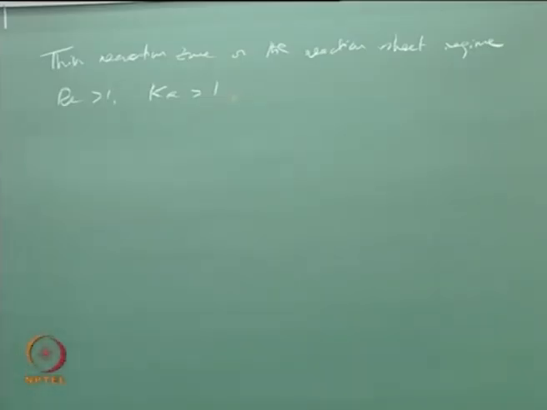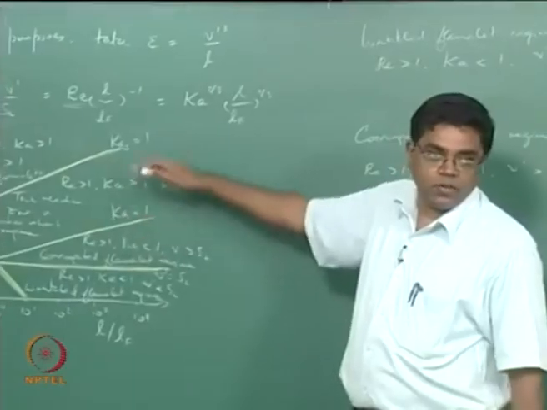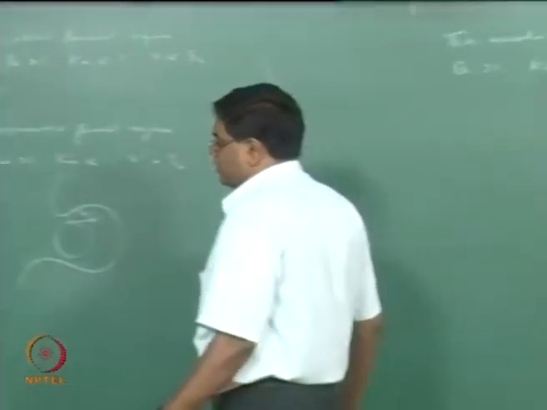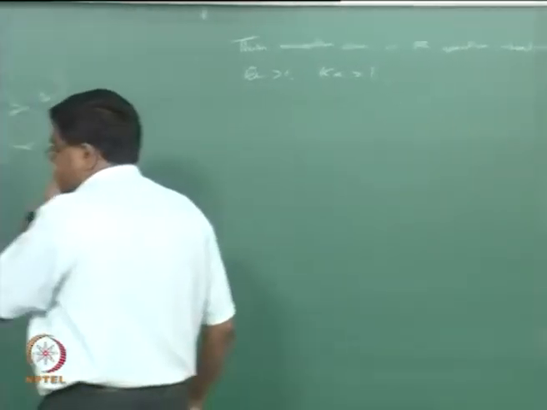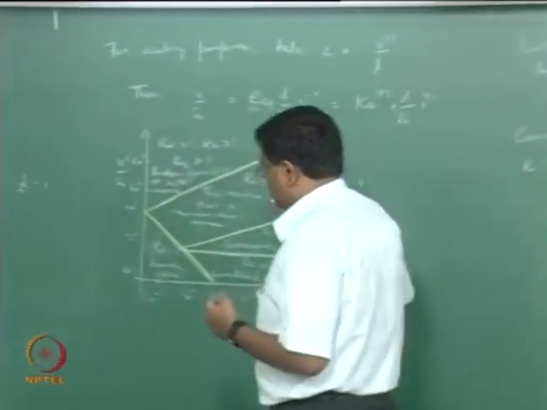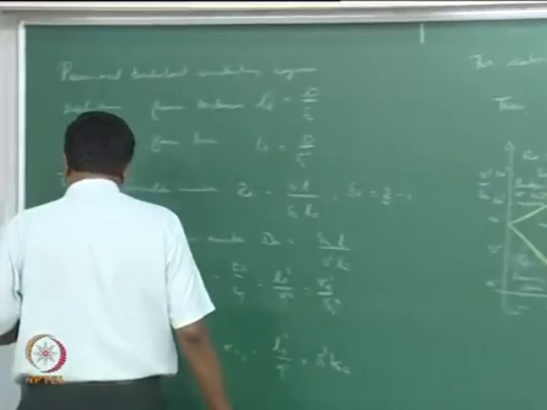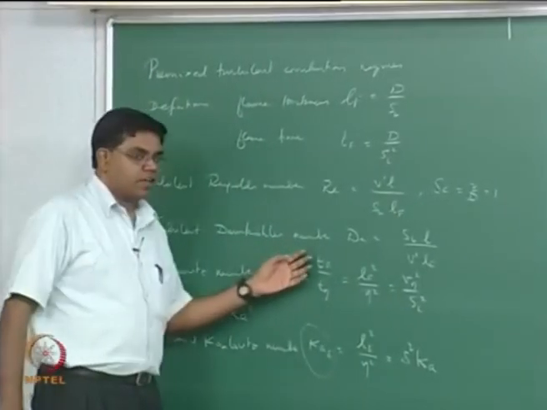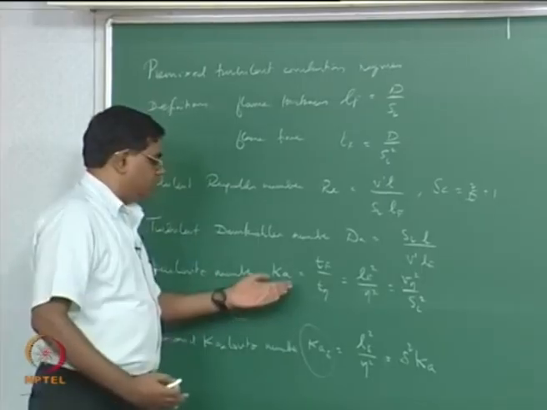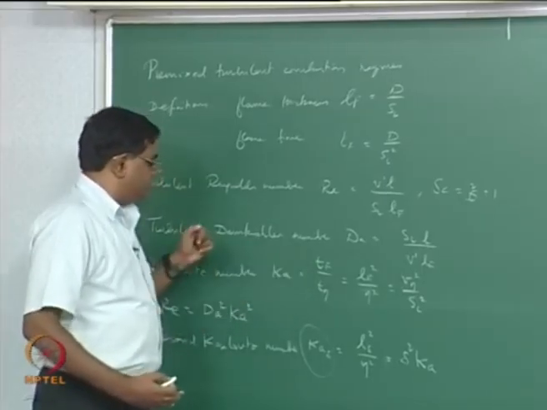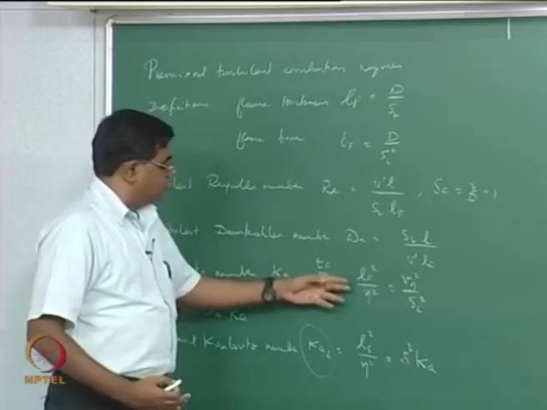We have gone past that long back. Therefore what we are talking about is Karlovitz greater than 1, and that means the turbulence scales are now bigger than the turbulent. Look at this.